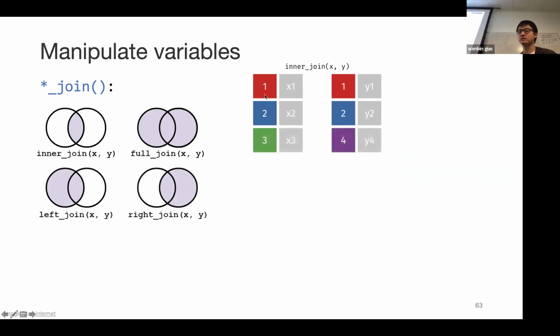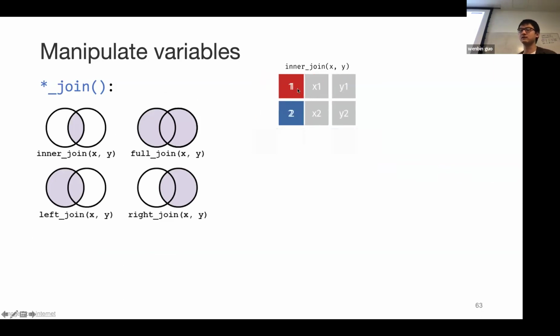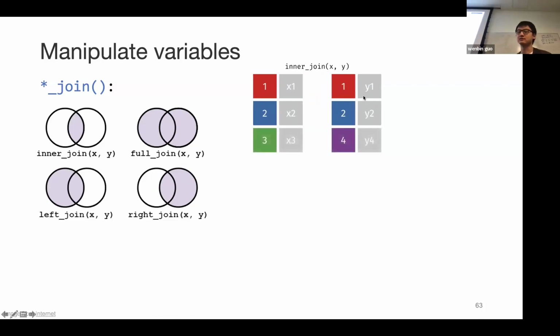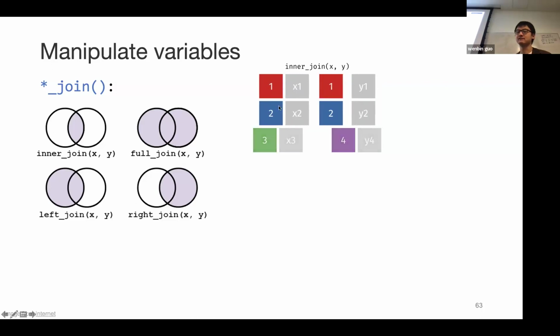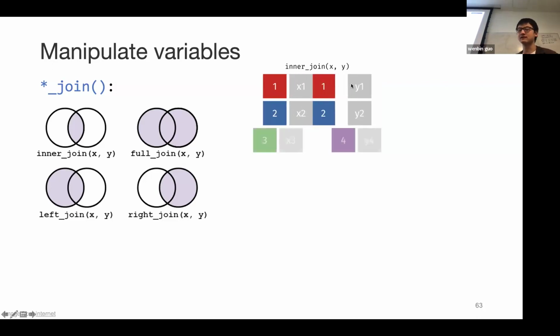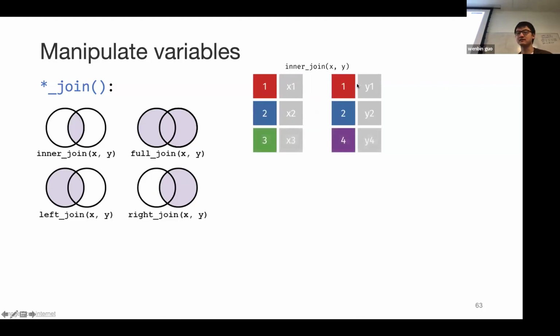For example, here only 1 and 2 are shared. So when joining the two data frames, it only keeps those two observations and uses the identifier as an anchor, and then creates a new data frame by joining them together.